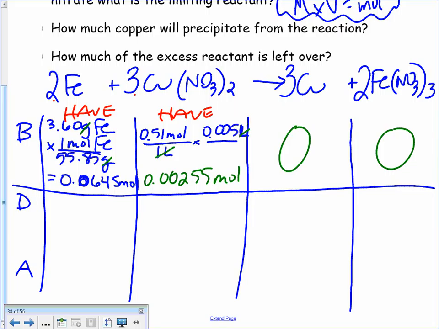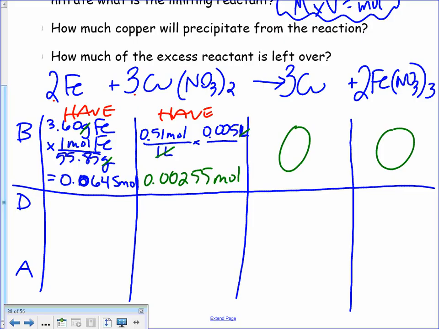So when you multiply and cancel out your moles of iron, this says you needed 0.09675 moles of what? Copper 2 nitrate. So you said you needed that much copper 2 nitrate to fully react with all the iron. How much copper 2 nitrate do we have? 0.002. Do we have that much?